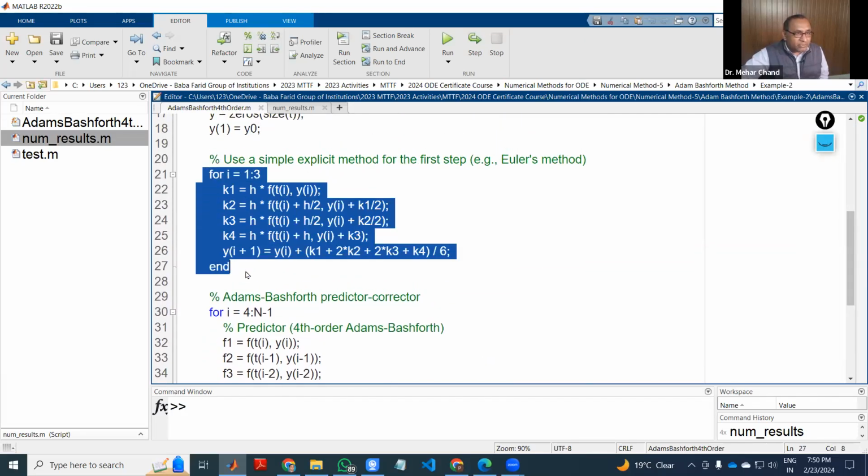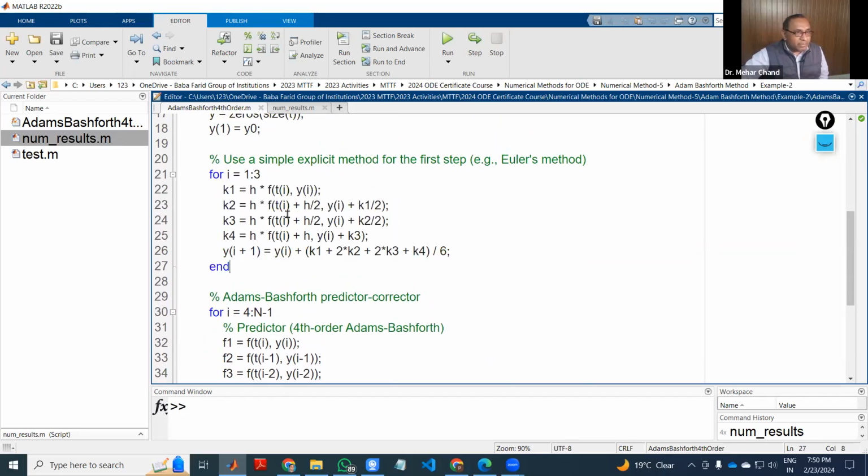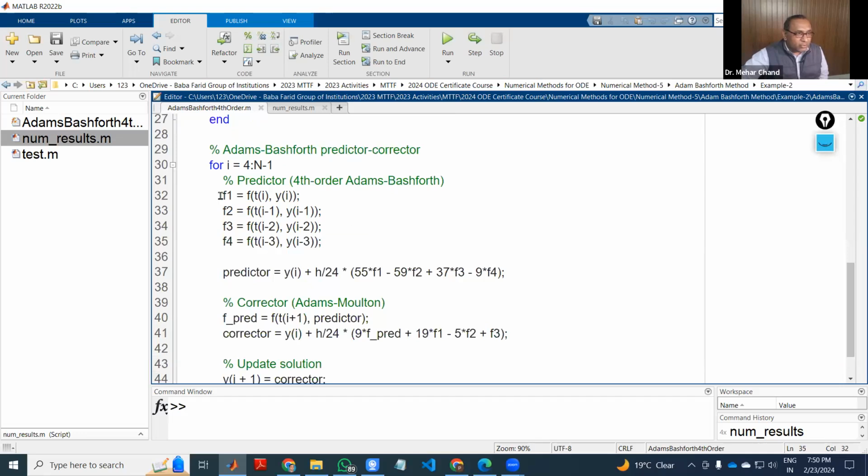At this place we are using the Runge-Kutta method. We can also use the Euler method at this place to compute the values. The functions involved in this equation can be written in this way: f1, f2, f3 and f4.